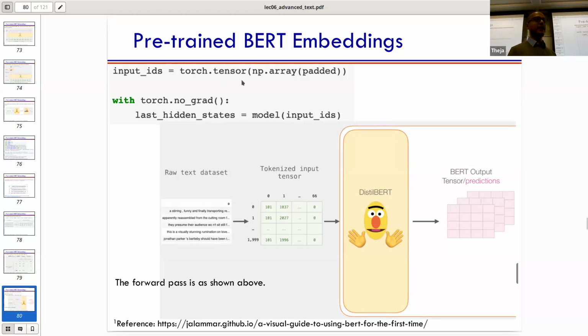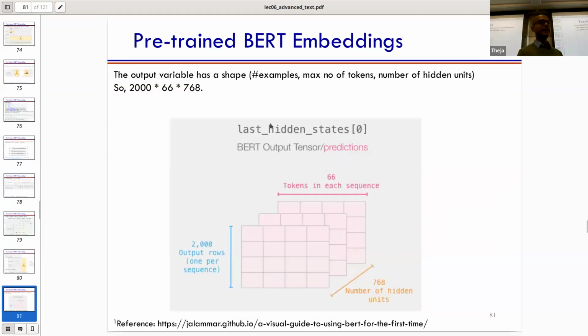This step should be clear: you're just creating a tensor from a list by making it an array and then creating a tensor. And then with no grad, you don't care about gradients. Just doing an inference here. Okay. So the only thing, as I said, is that the last hidden states is the 0th element. You just have to pick the appropriate vector.